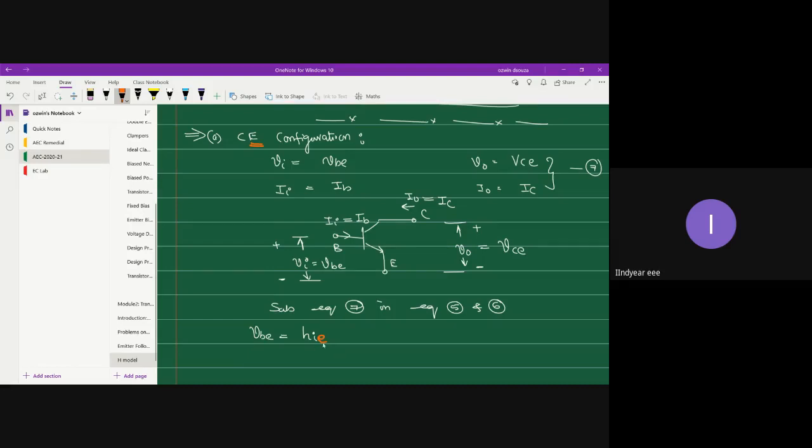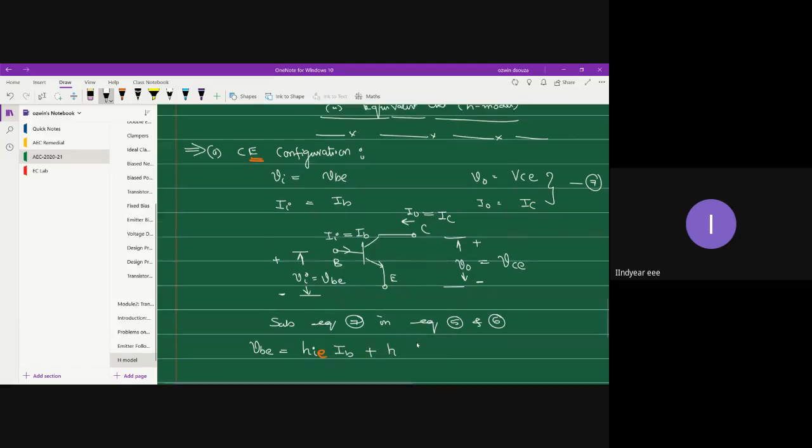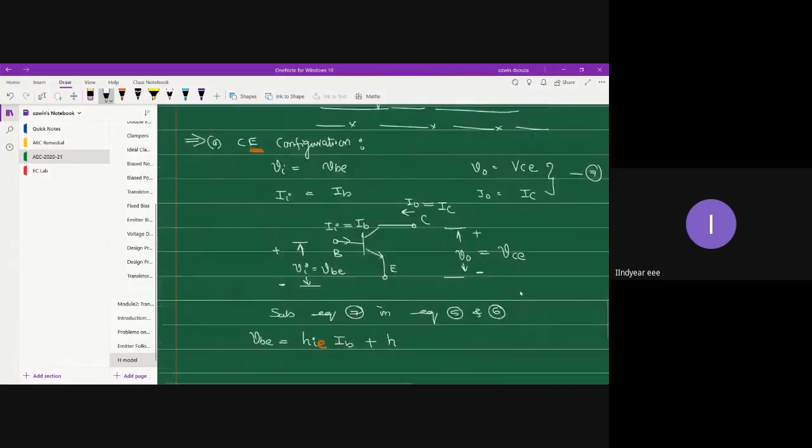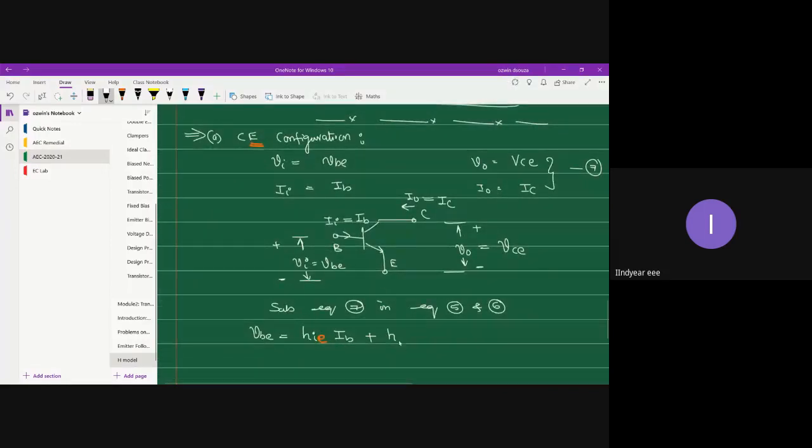So it is HIE times II, which is IB, plus HR, and then the output voltage, which is VCE. Then my output current is IC, which is HF into IB plus HO into VCE.